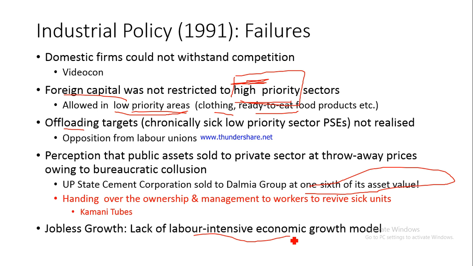If you talk about leather products, again it requires a lot of workers. So we should have focused on these kind of labor intensive industries, and we should have encouraged them, we should have incentivized them. This incentive was missing, because of which the labor intensive industries in India could not grow at a fast pace.